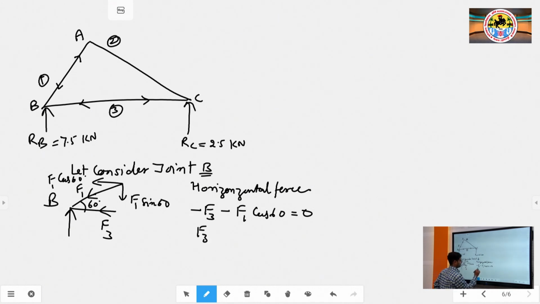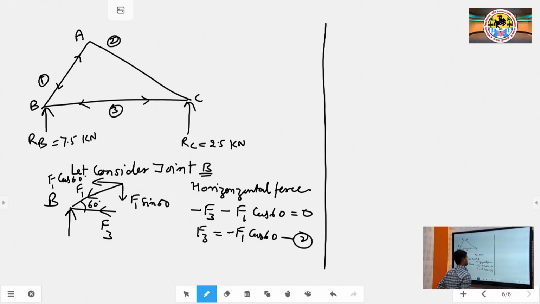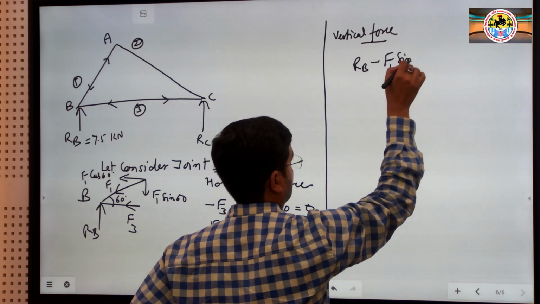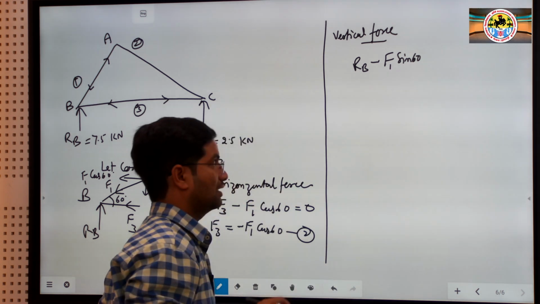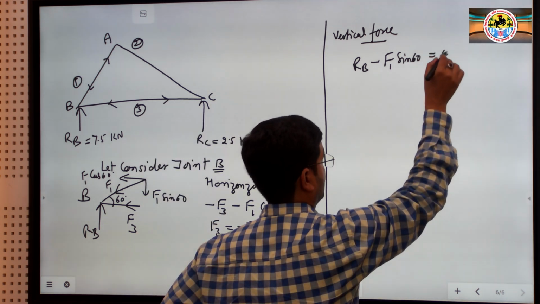So, from this you can say that F3 is equal to F1 cos 60, equation number 2. Again, if we consider the vertical forces, here RB is acting in the upward direction, so we consider it positive, and the F1 sin 60 component is acting in the downward direction, so we consider it negative, and the sum is equal to 0.